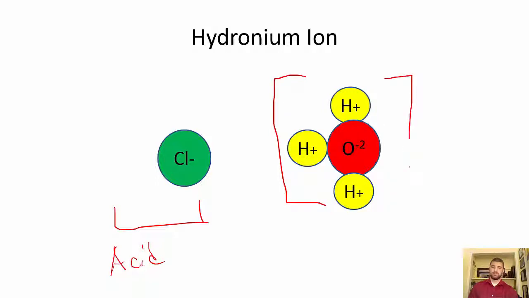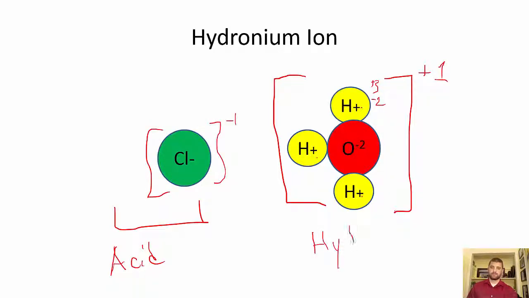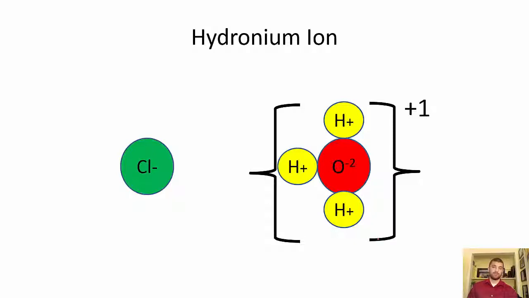If we look at the charges, we have a +3 and a -2, so the whole thing is +1. And this chlorine is just a -1. So we have hydronium being produced by the acid. That's all the hydronium is. It's H3O+. It's a water with an extra hydrogen.